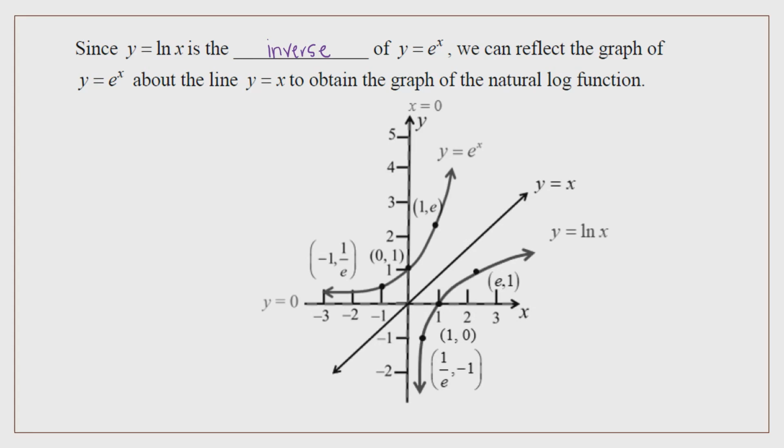Similar to how we observed the log function, the natural log function is the inverse of e to the power x. So if we have the graph of e to the power x, then we can reflect it about the line y equals x to find its inverse function, the natural log of x.